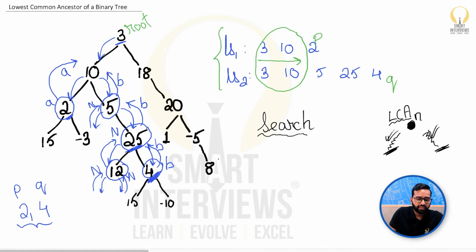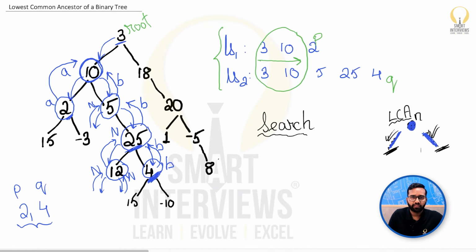Now this is where things get interesting. If you look at the node 10, on the left side we found the node A, and on the right side we found the node B. So as discussed previously, the moment you encounter a node where you have found one of the nodes on the left side and another node on the right side, this current node becomes the LCA.